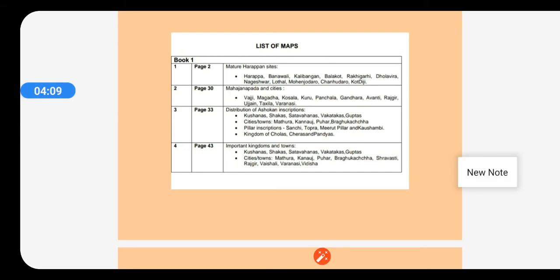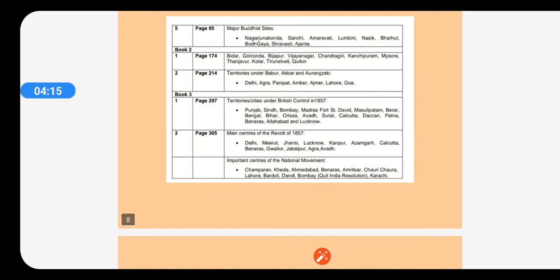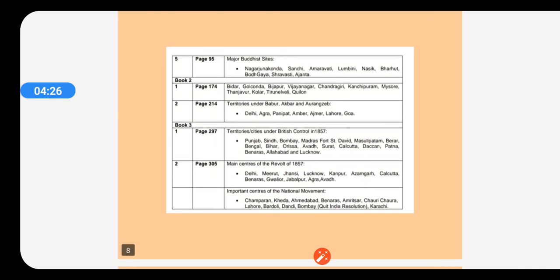Page number 23, distribution of Ashokan inscription, and so on. Like this you can see. The last one is at the page number 305, main centers of the revolt of 1857. These all are the sites or the places you will be asked in the exam to fill in the map.